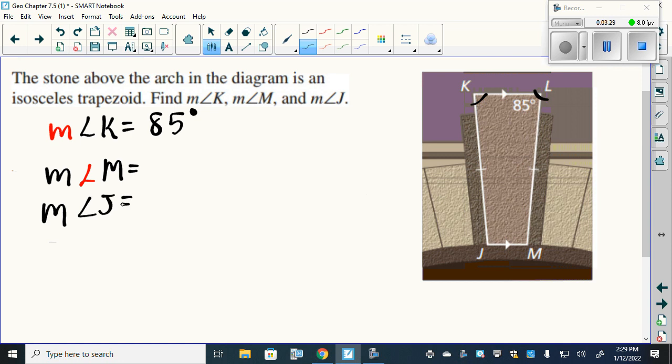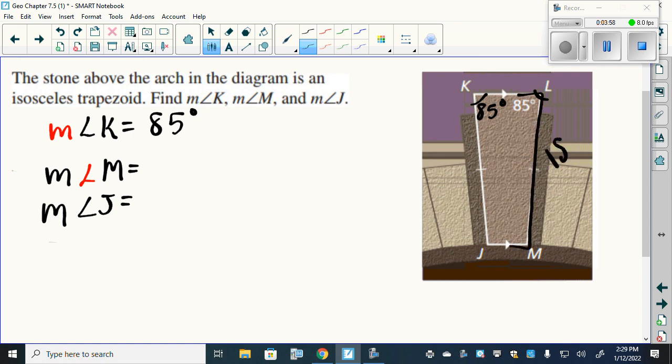Now we still need to find the measure of angle J and the measure of angle M. What can we do to find those? Well, the angles that are between parallel lines are going to do what?